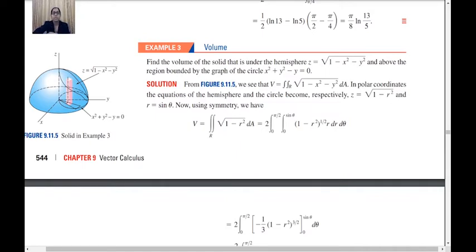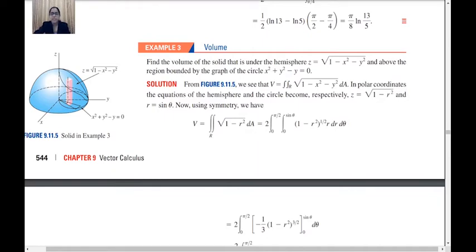Here it goes from r = 0 to the surface bounded by the given circle, which gives r = sin θ. Now let's move on to the integration part. It is pretty simple. Instead of using 0 to 2π wholly, we use 2 times the integral from 0 to π/2, that is half of it.